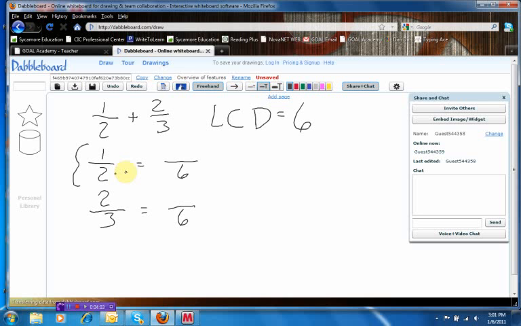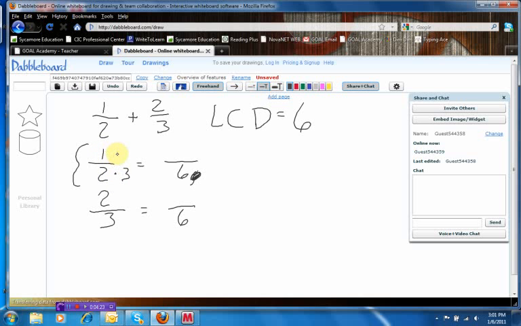Yep, 3. So since you multiplied the denominator times 3 to get this 6, you have to do the same thing to the numerator of this fraction.